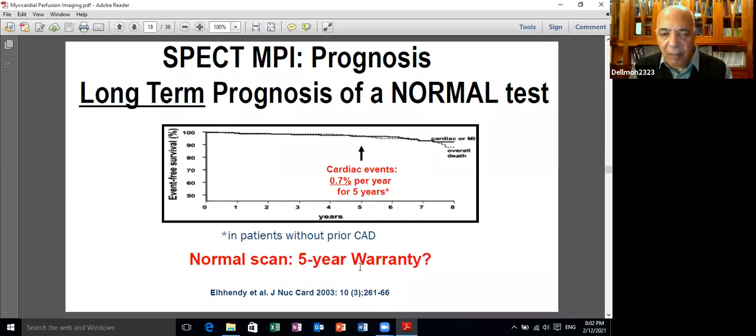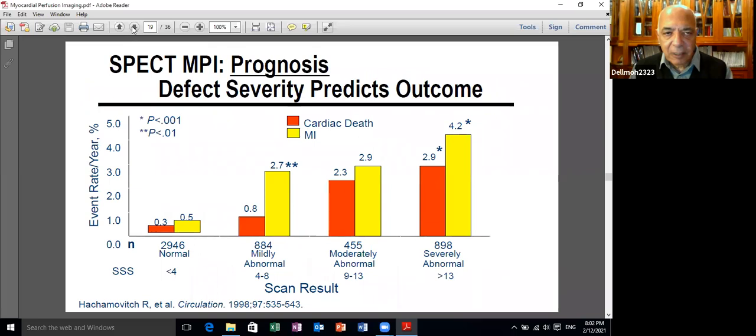But each one of us knows that many of these patients had a normal perfusion scan yesterday, and then today he got a myocardial infarction because of rupture of an unstable plaque that was not flow compromising. So these are population studies, and their interpretation should take into consideration that it is a population, and cannot be personalized.